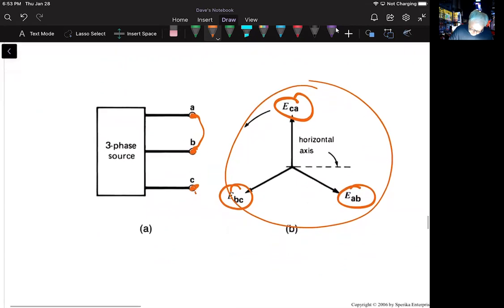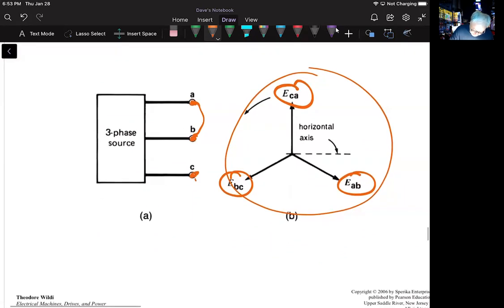If we direct our attention to the first letter in each subscript, we will find the sequence ABC, ABC. The source shown in figure 8.26A is said to possess an ABC sequence. We can therefore state the following rule.